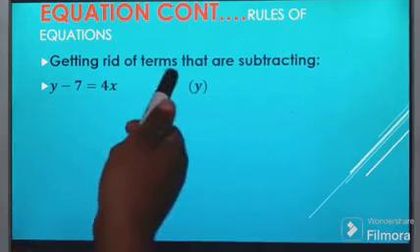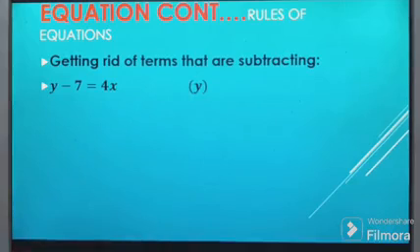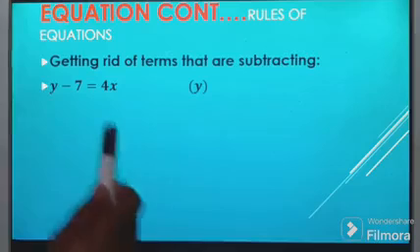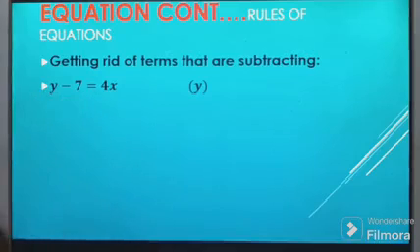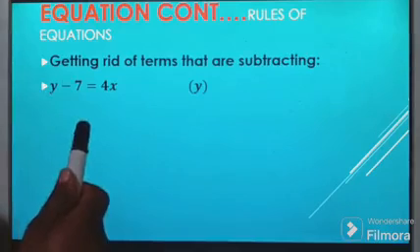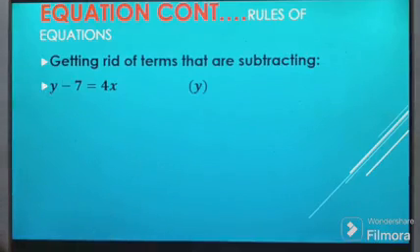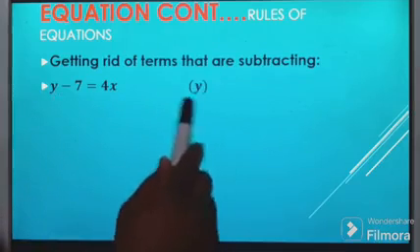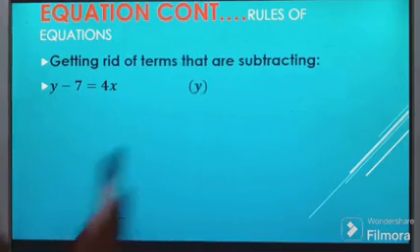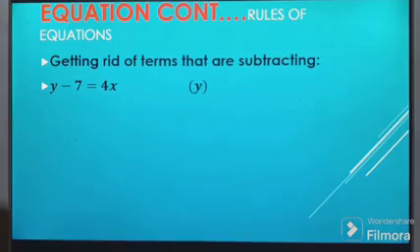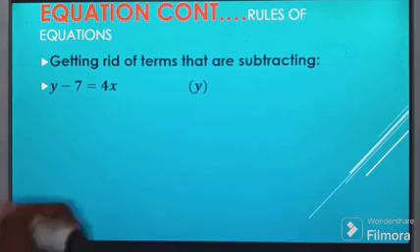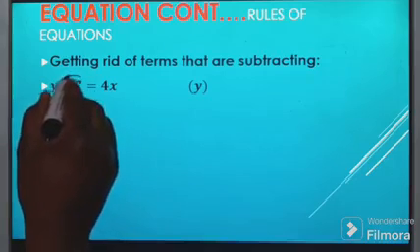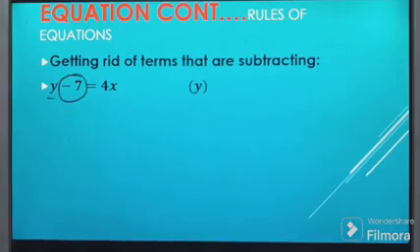Now, getting rid of terms that are subtracted. So in our case, let's say we have the equation y minus 7 is equal to 4x. And we still want to make y the subject of the formula. So remember, before, if we want y, we need to get rid of negative 7.